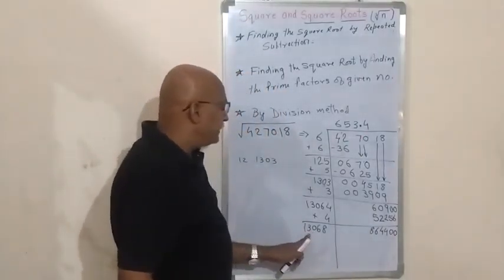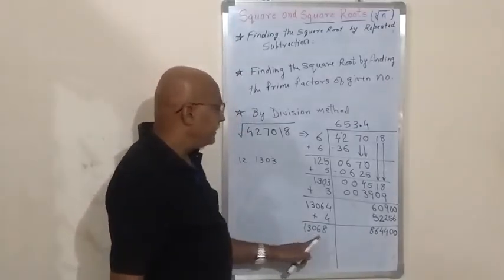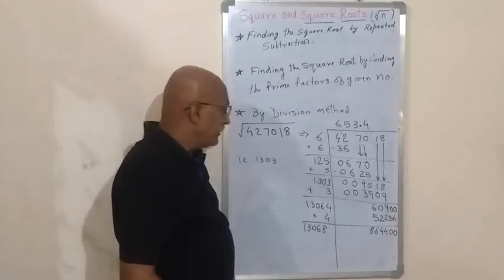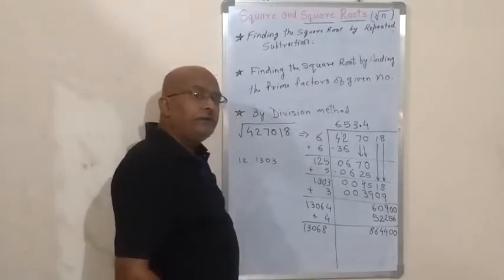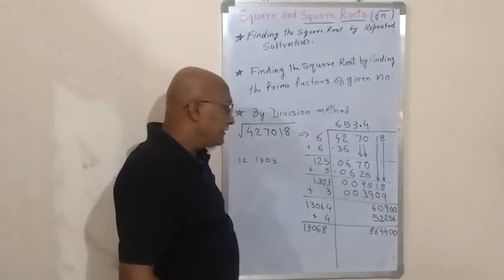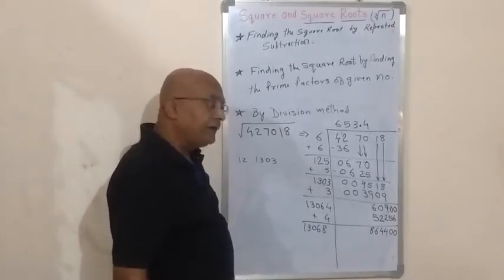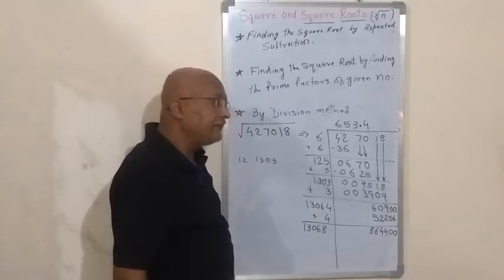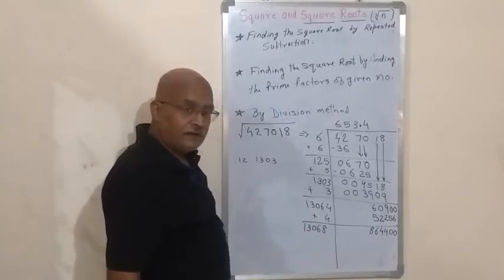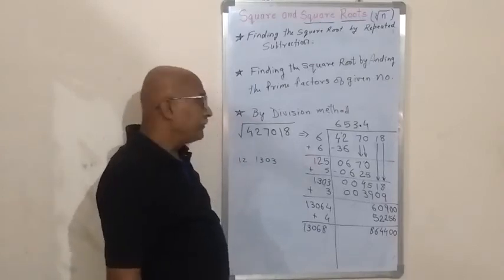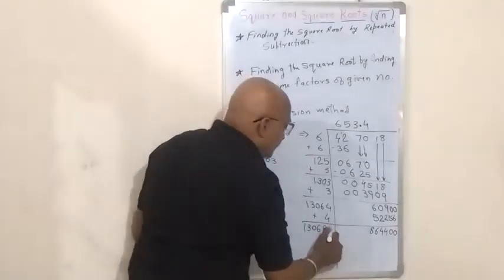Again the table of 13 we can use here. If you use the table of 13, less than 86 should come. So 13 5s are 65, 13 6s are 78, 13 7s are 91. So here we can get 6.